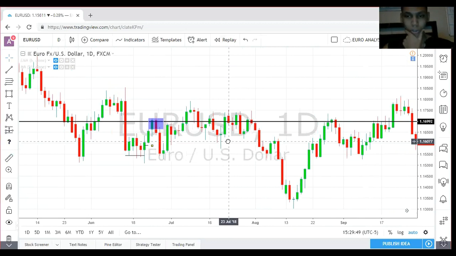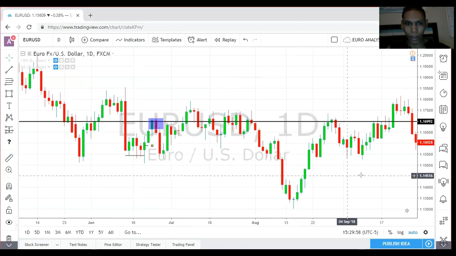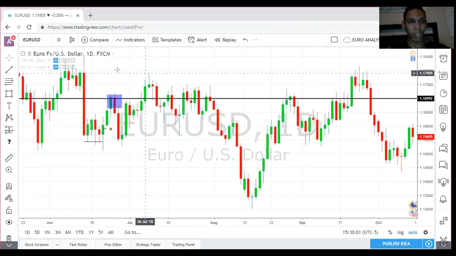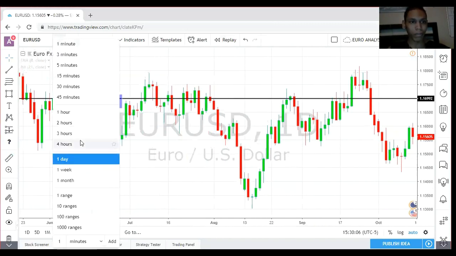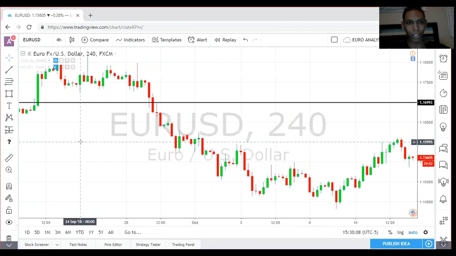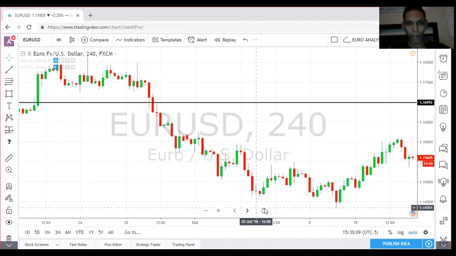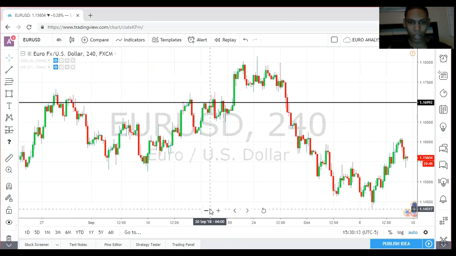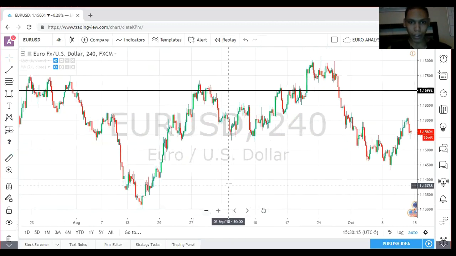Next, I want to go over tweezer tops, tweezer patterns. Let me see if I can find a nice tweezer pattern.